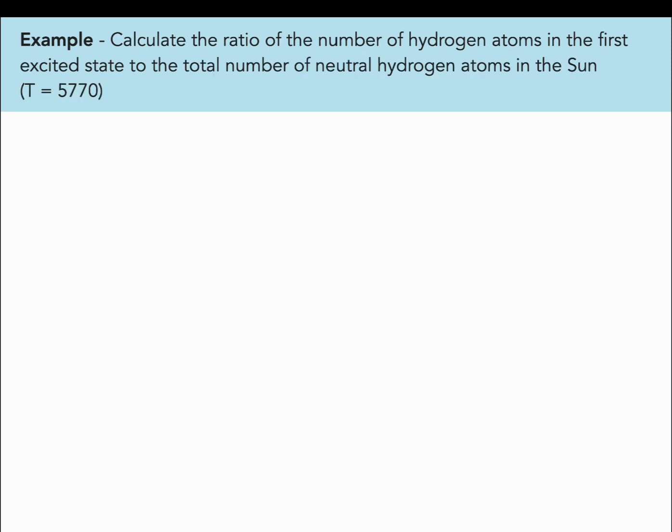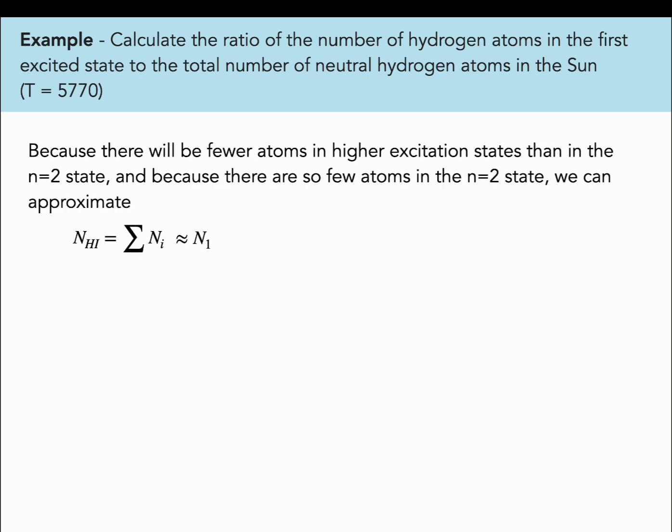A related question might be, calculate the ratio of the number of hydrogen atoms in the first excited state to the total number of neutral hydrogen atoms for the sun. This is actually what we need for the line strength equation. Like we just saw, almost all of the hydrogen atoms are going to be in the ground state for the sun.